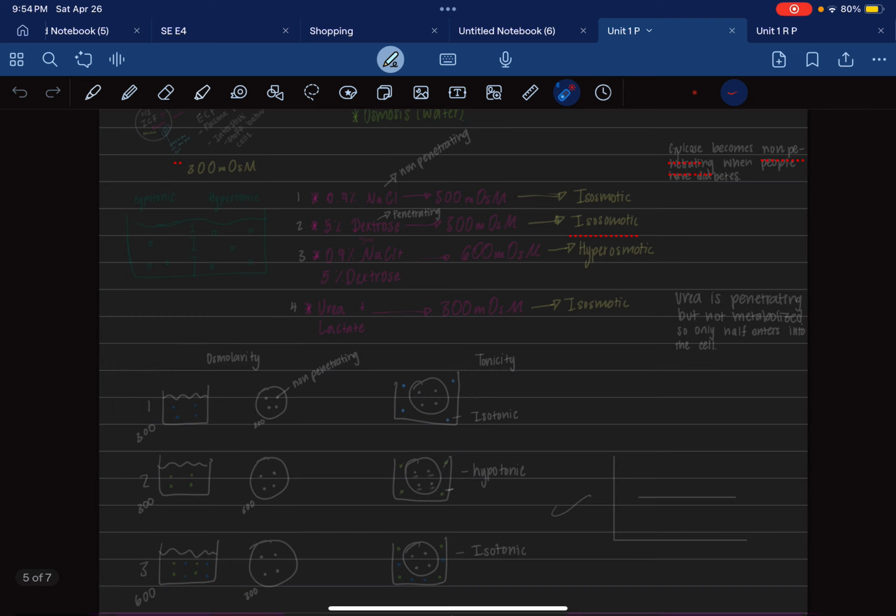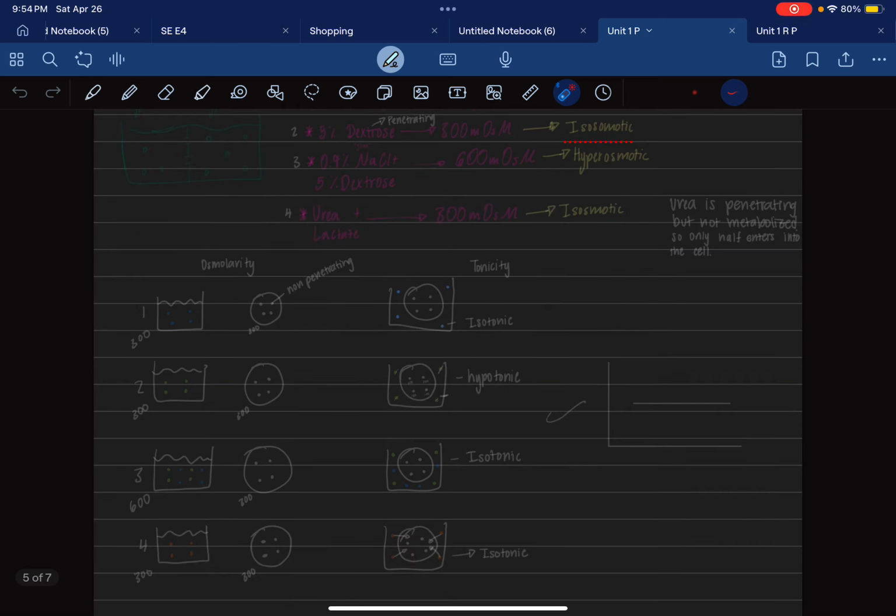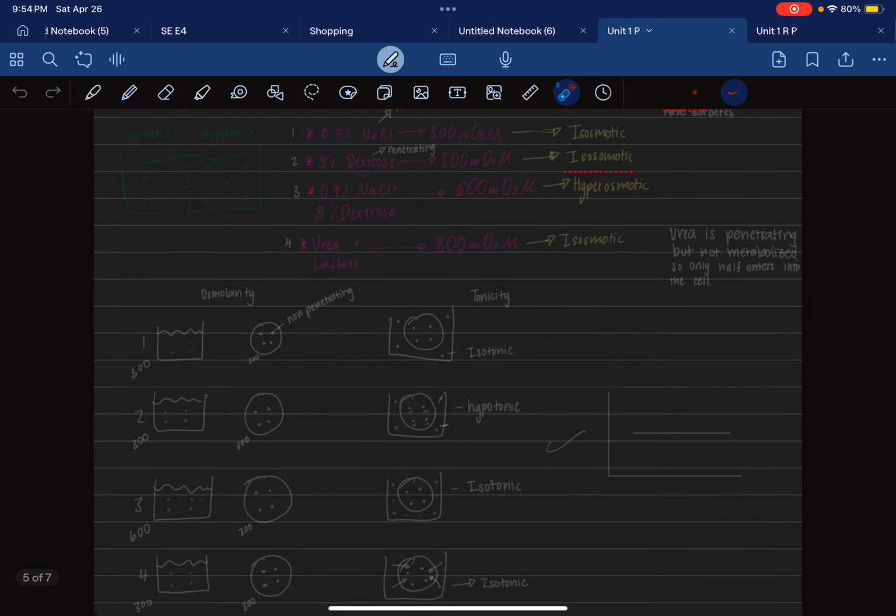And then for dextrose, it's 5% dextrose equals 300 milliosmoles. So we have 300 here and 300 here. So this is isoosmotic.